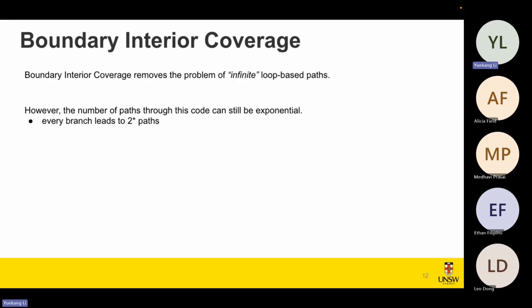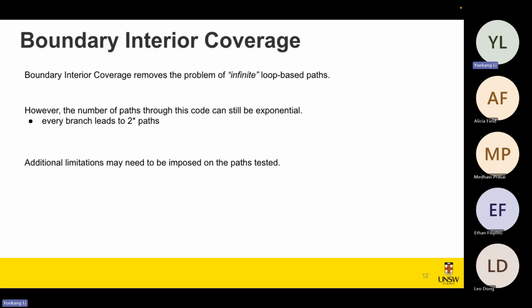And imagine if we have nested if conditions, then we can have 2 to the power of something paths, right? So even if we just care about the subpaths, this may still lead us to an invisibly large amount of paths.